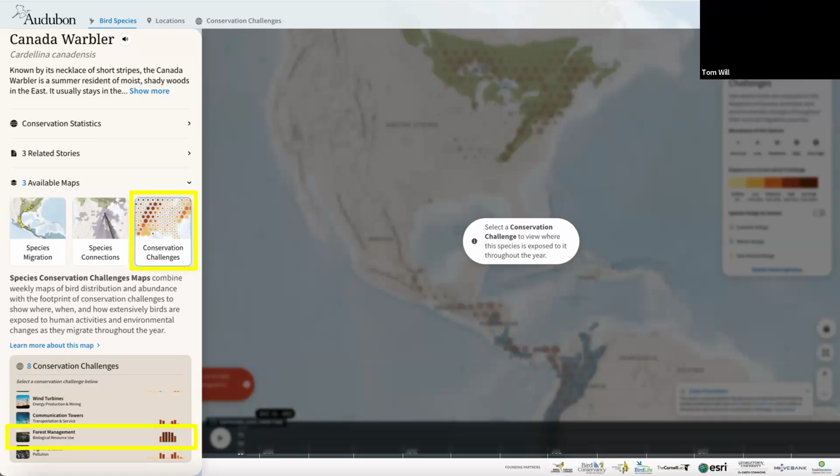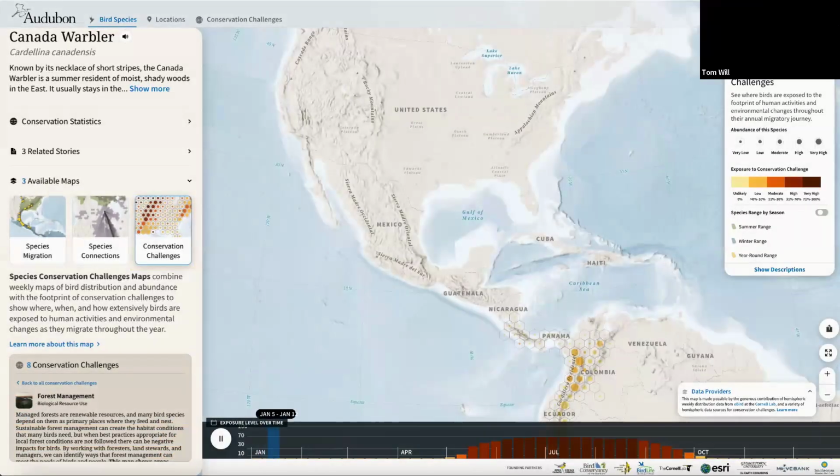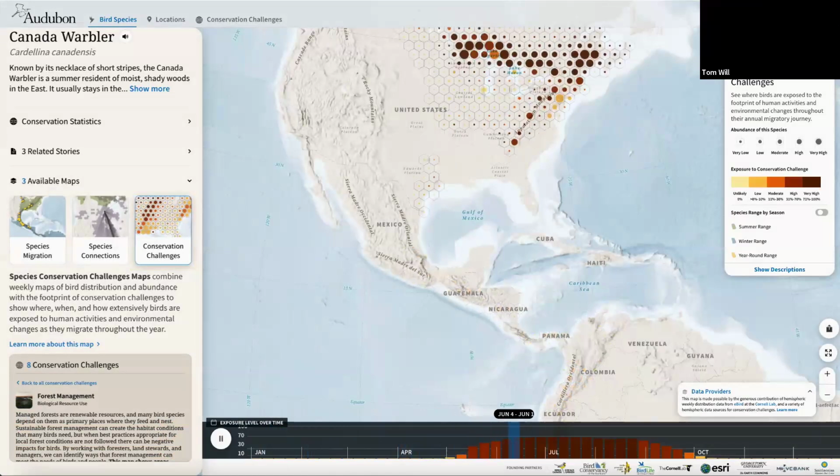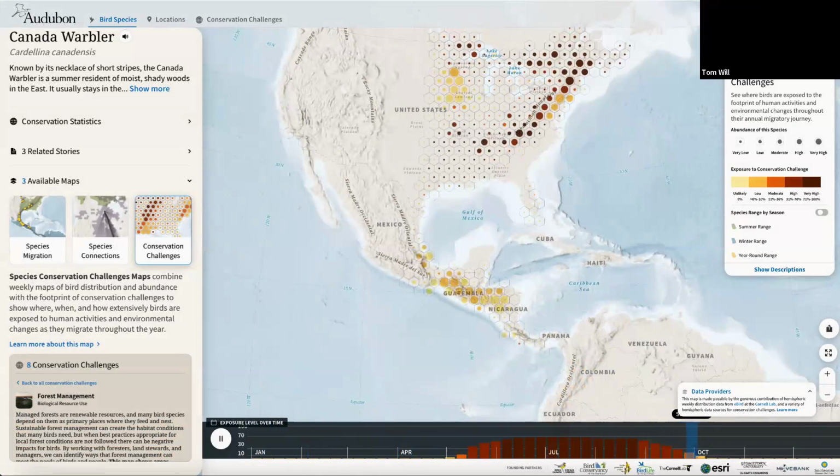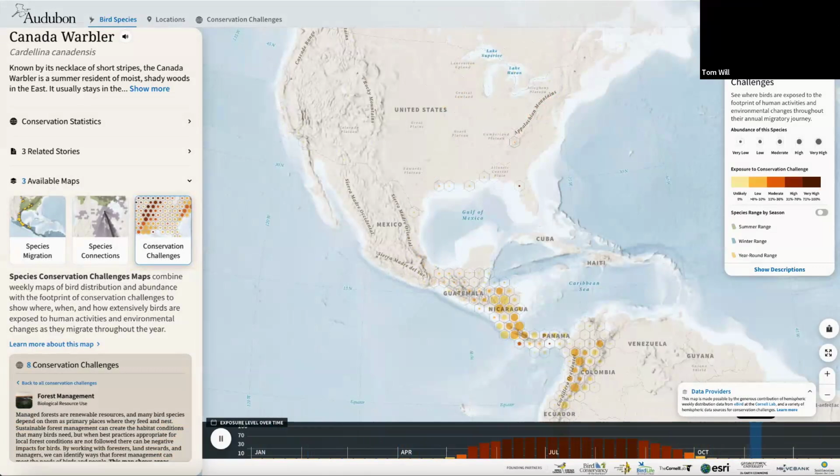We're going to look at forest management quickly. And what you see here, I'll walk you through this quickly. You see we have these bivariate plots. So dots that are large signify a high abundance in that area. And if it's dark, it means there's a higher percentage of that area, in this case within 150 kilometers, that is covered by managed forest.